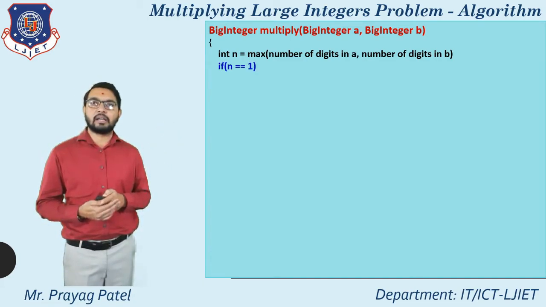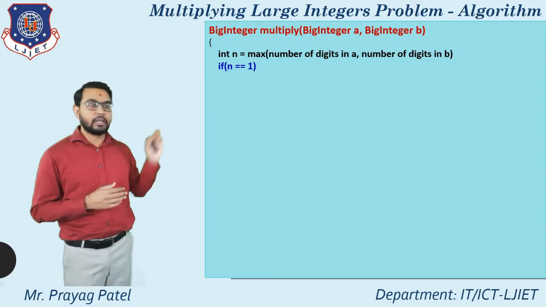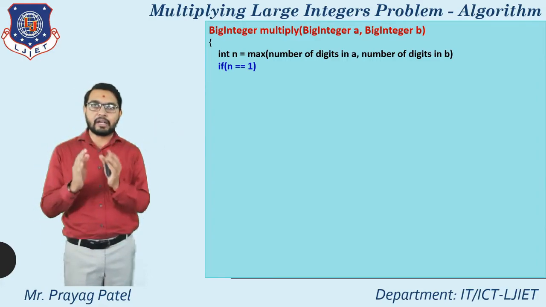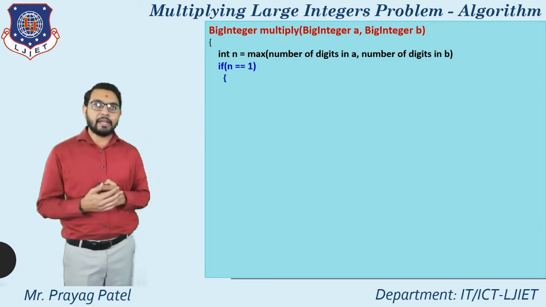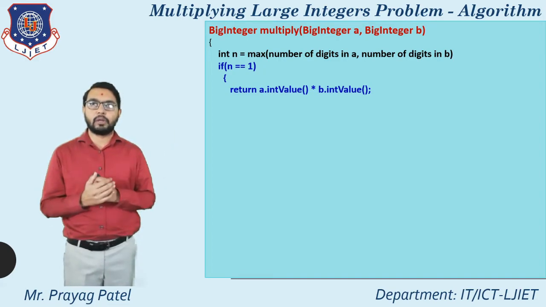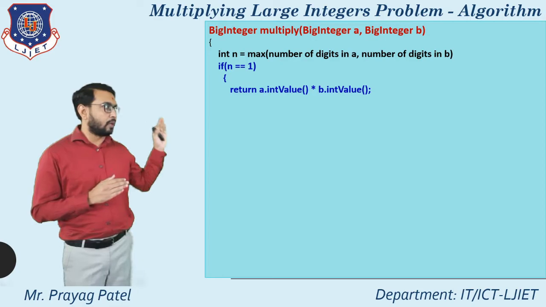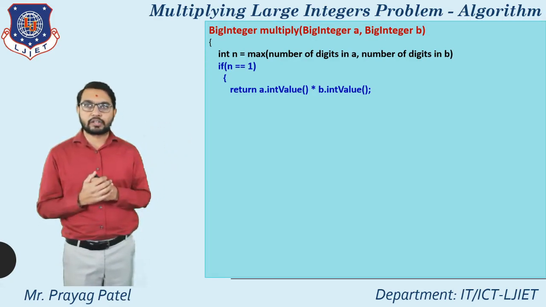Now next consider if n equal to 1, which means both numbers are one-digit numbers. If n equal to 1, then you can directly multiply these two numbers, because for the multiplying large integer problem you use the divide and conquer strategy.